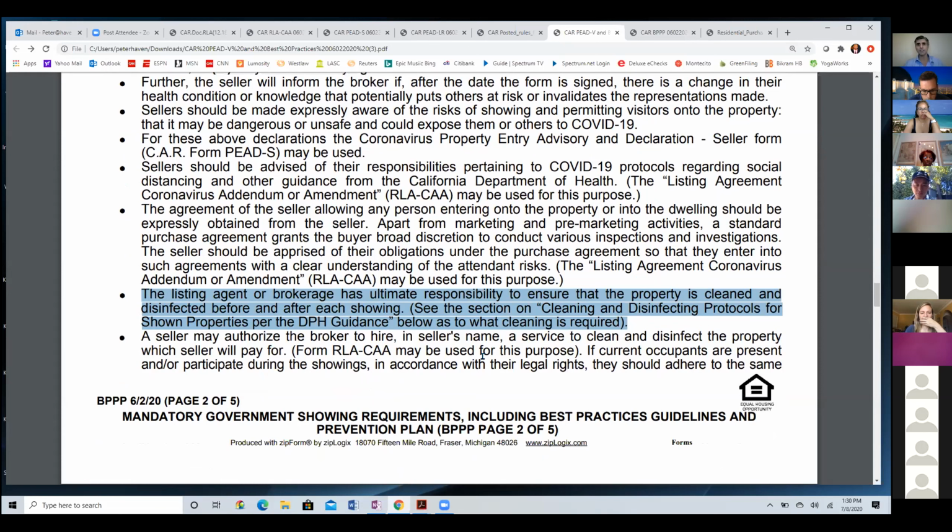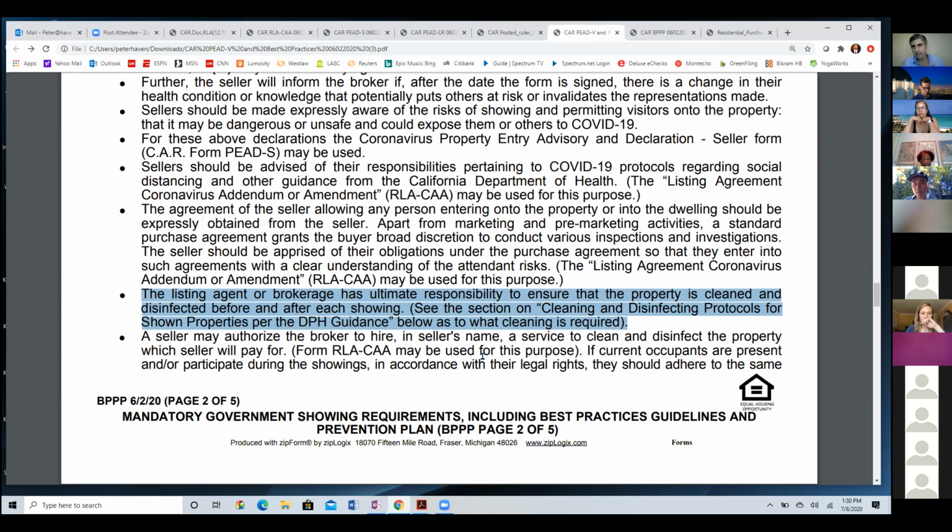So I think that was a concession that CAR made to get approval for real estate activities being deemed essential activities and exempted from some of the orders. But we are agreeing that the listing agent is responsible for making sure the property gets cleaned and disinfected. It's an unfortunate burden, but it's a burden. And the listing agents are going to have to do that. And they're going to have to make best efforts to try to keep the property cleaned and disinfected.